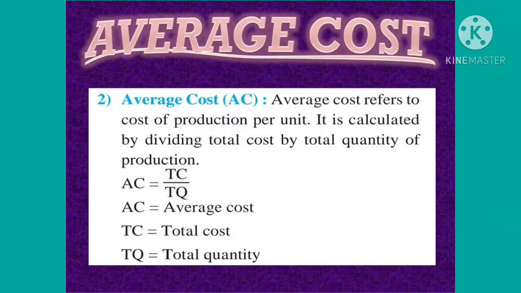In the way of a formula, AC equals TC upon TQ, where AC stands for average cost, TC stands for total cost, and TQ stands for total quantity.